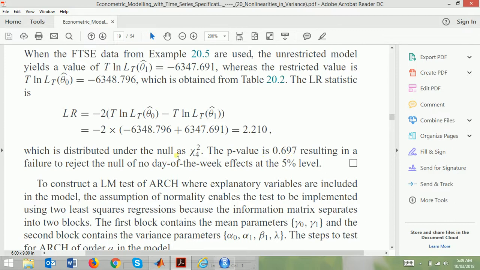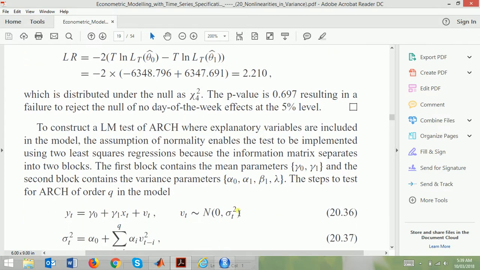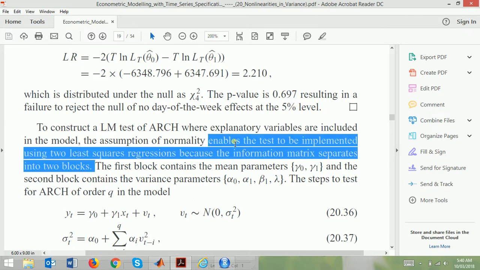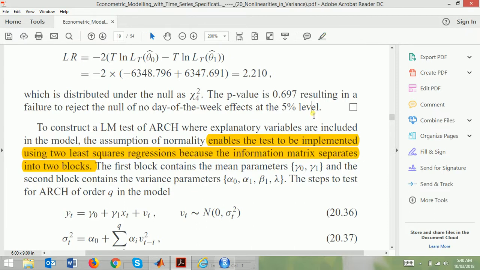To construct an LM test of ARCH where explanatory variables are included in the model, the assumption of normality enables the test to be implemented using two least square regressions, because the information matrix is separated into two blocks. This is interesting, and we have studied that always, because our information matrix has always been separated into two blocks.